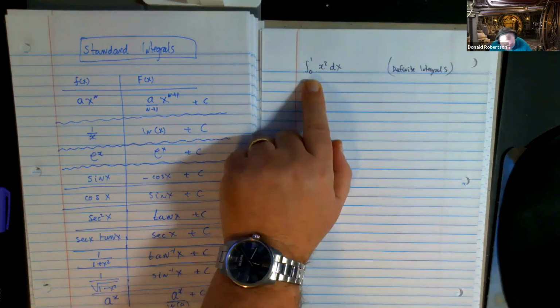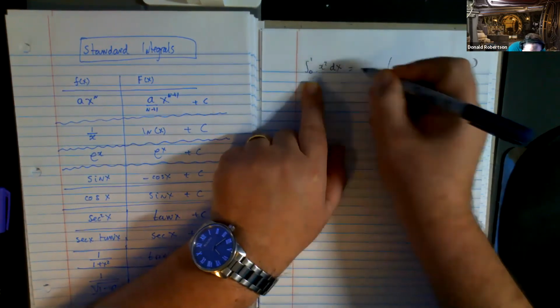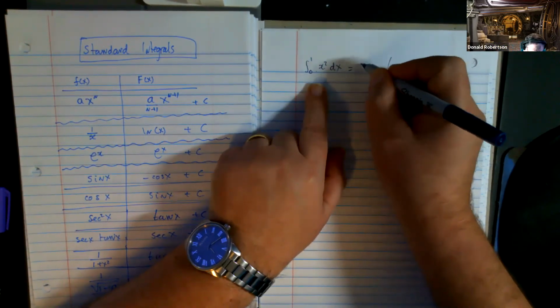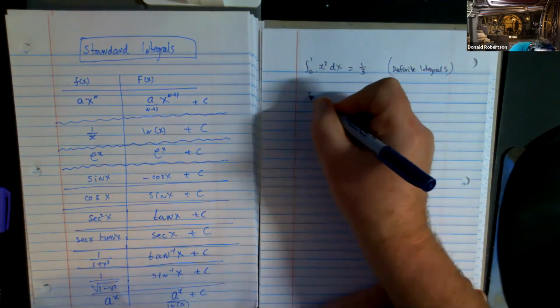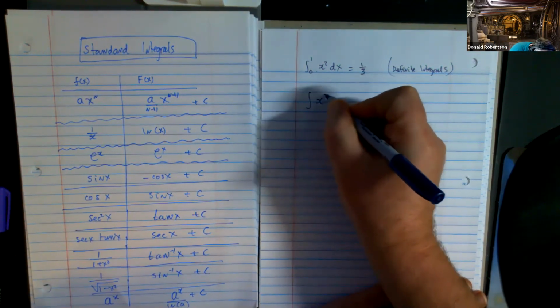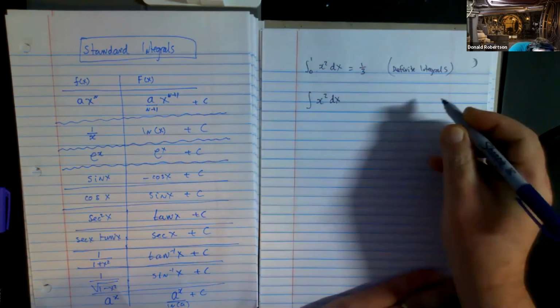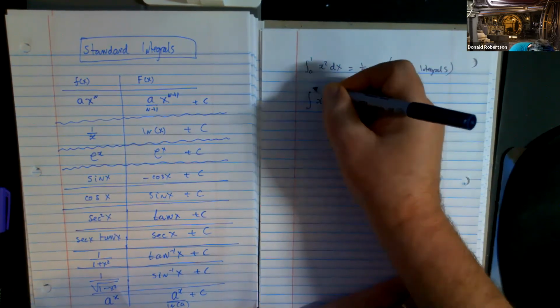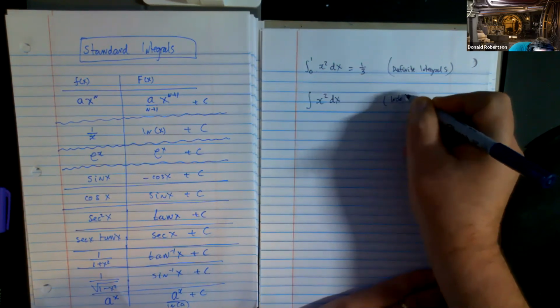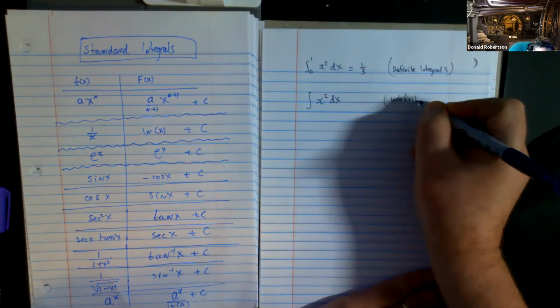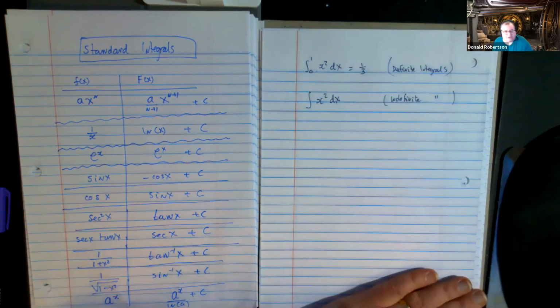And they are equal to, you're just going to trust me, a number. You can check that one. And when there are no numbers, no limits of integration, these are called indefinite integrals.